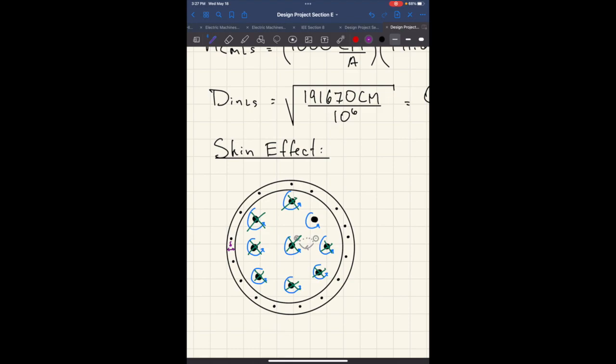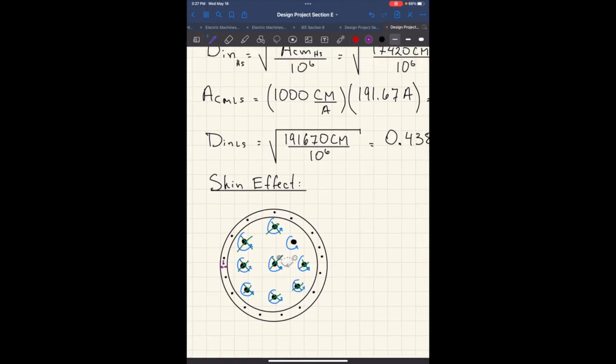Like a layer of skin, basically. That's the skin depth. And depending on the frequency of the current and all sorts of other things, that can be thicker or thinner. This only happens with AC current. DC, this doesn't happen. Only AC, because you have this changing current and changing magnetic field.